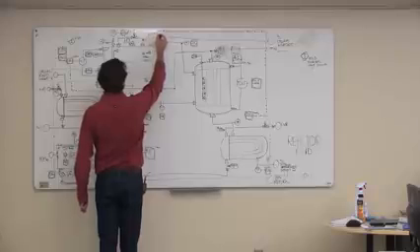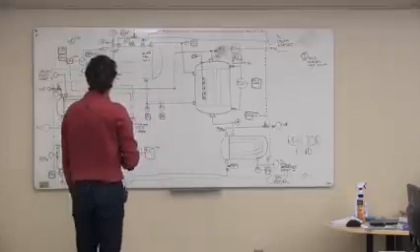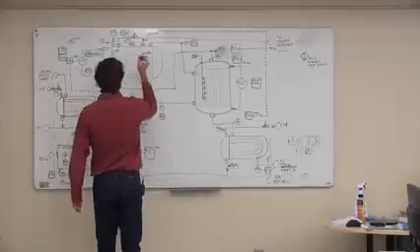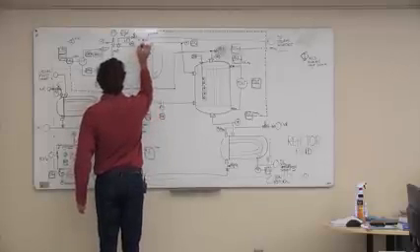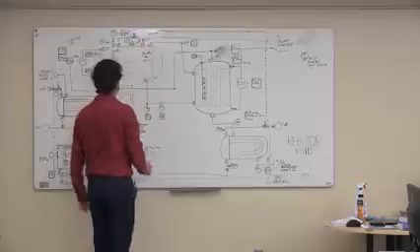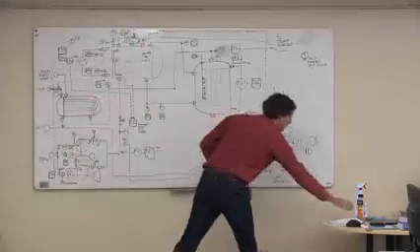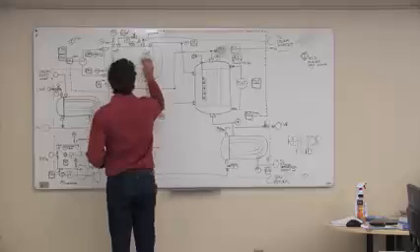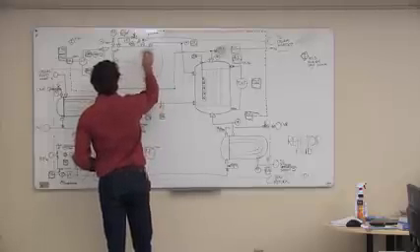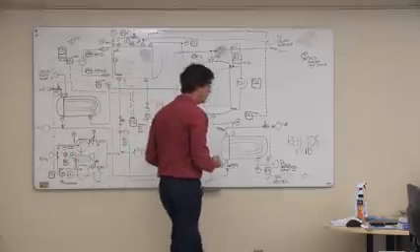To atmosphere. And that's our relief valve set at whatever our set pressure is. Okay, get rid of this. Not interested in what the actual operating pressures are at this point in time.